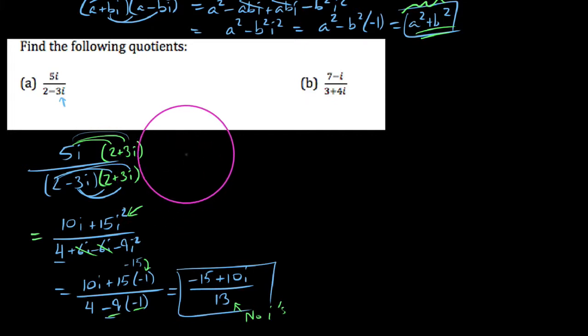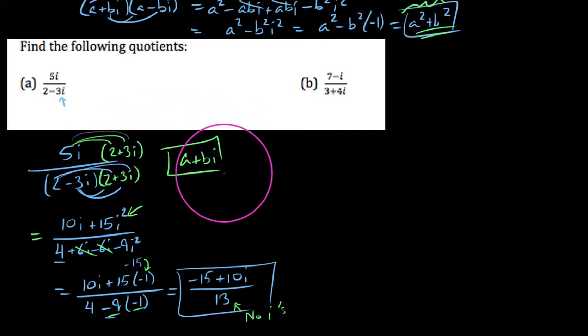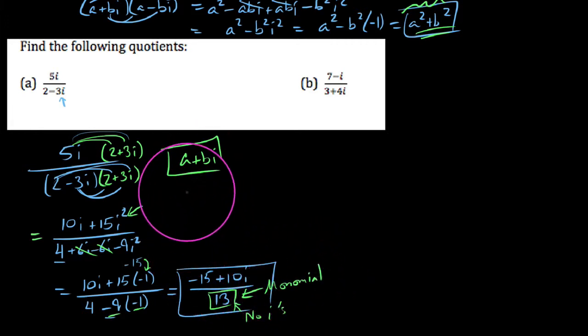But when you operate with complex numbers, like adding or subtracting a complex number, or multiplying two complex numbers, you should get a complex number in standard form as the result. So we recognize that this is a monomial divisor, which means there's only one term, so everything on the top can be split up over this 13.